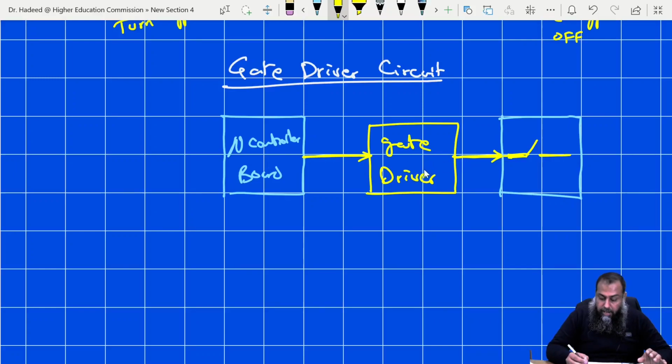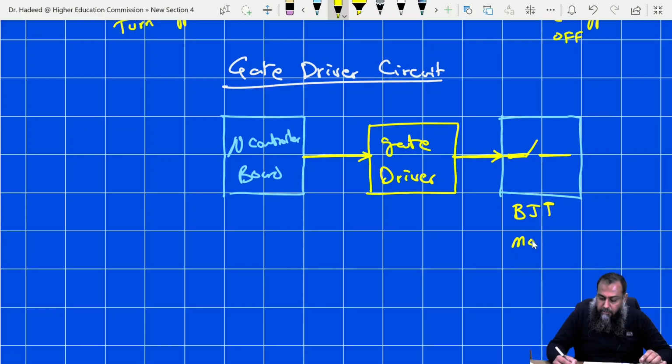So the properties of gate driver circuits are very important, and the topologies and the types of the gate driver circuit greatly depend on the type of device that is to be driven. For example, if we are using a BJT, then we require a gate driver circuit capable of providing a substantial amount of base current to turn this BJT on.